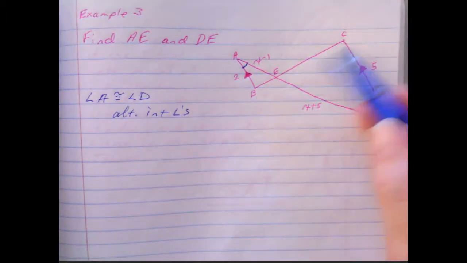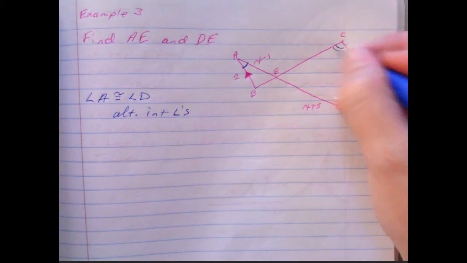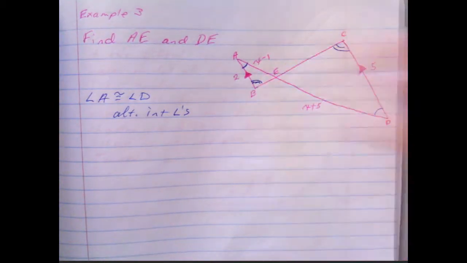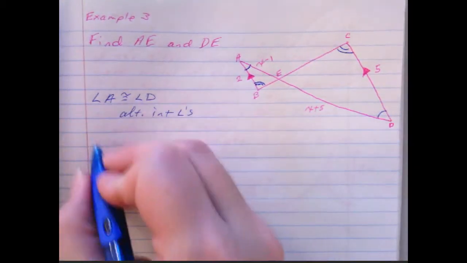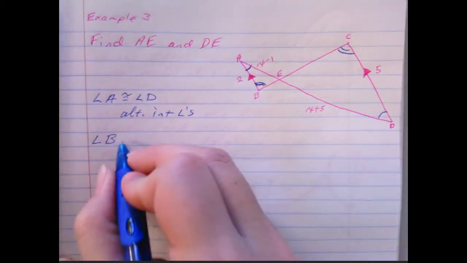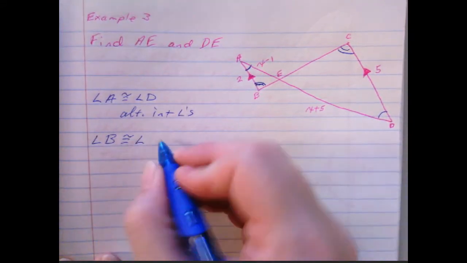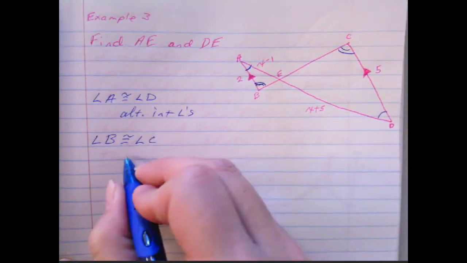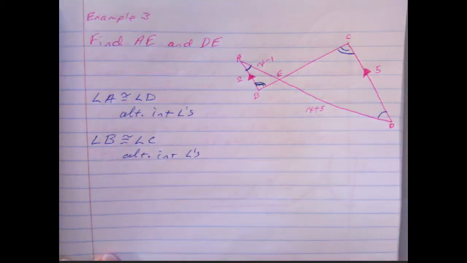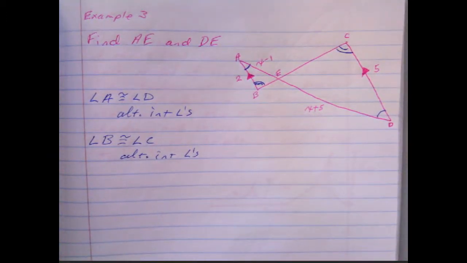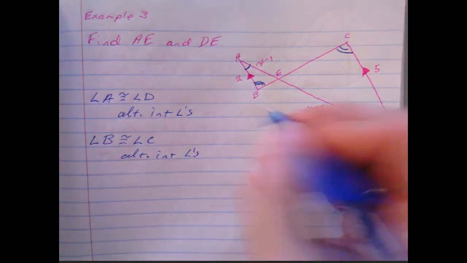We also have a transversal here, so we can say this one is congruent to that one, and that's going to be angle B is congruent to angle C. Those are also alternate interior angles. If you remember, we only have to have two angles that are the same.